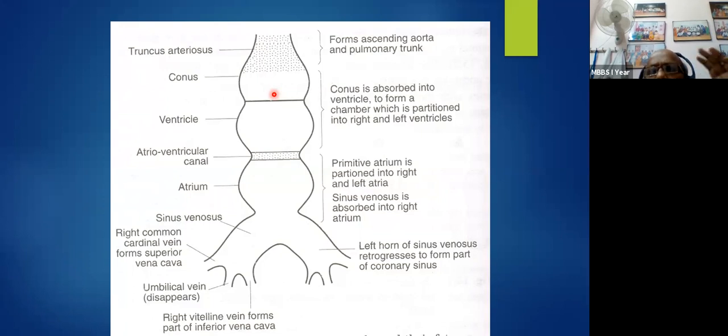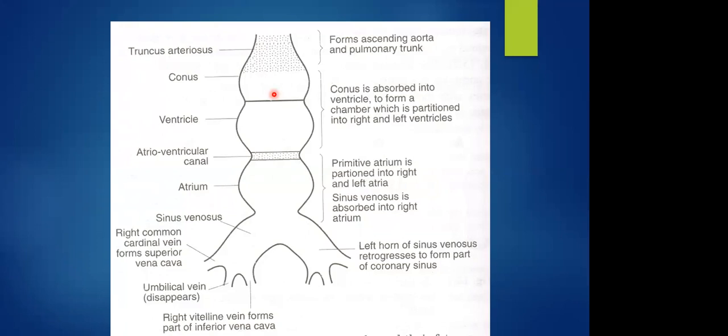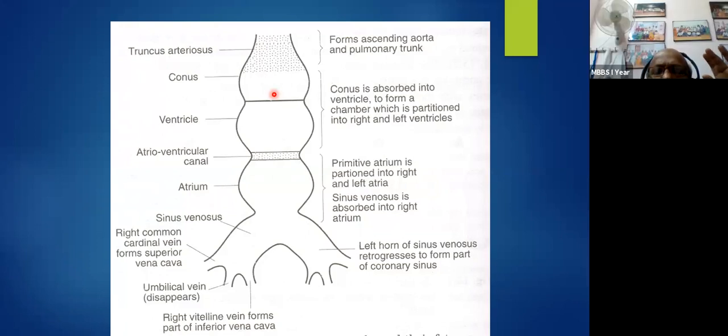If you open the right ventricle and see, the outflowing part of the right ventricle is smooth, like an inverted funnel. That's why it is called the infundibulum. If you open the left ventricle, the entire left ventricle is muscular except a small area called the aortic vestibule.